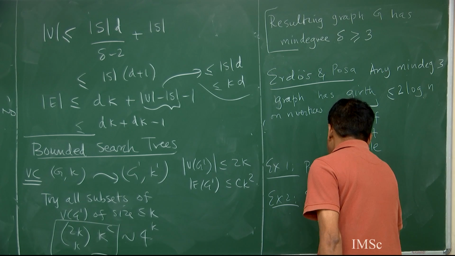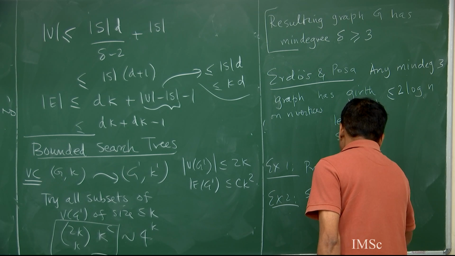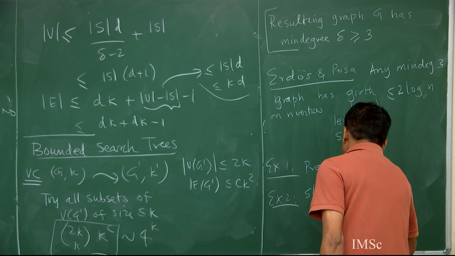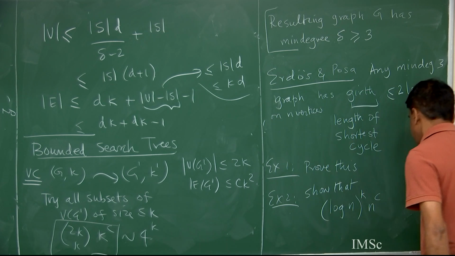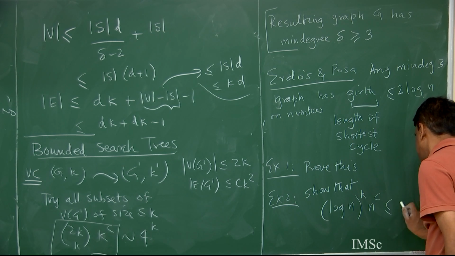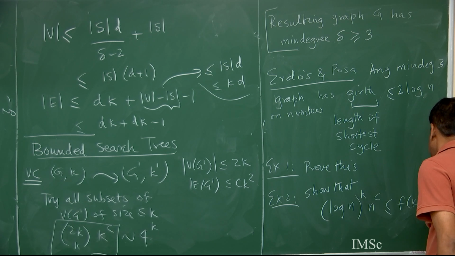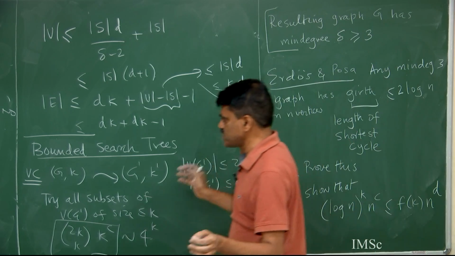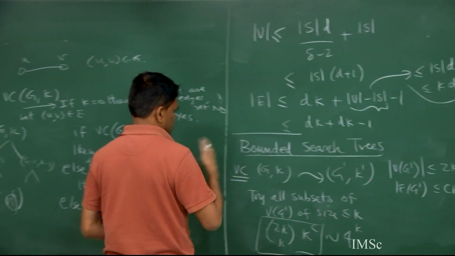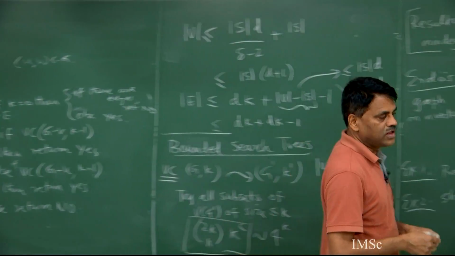Show that (log n)^k is at most f(k) times n^d for some function f, some constant d. Okay, so we'll start with this and go deeper into bounded search trees, all kinds of recurrences, how to solve them and all that. So, that will be the next topic.